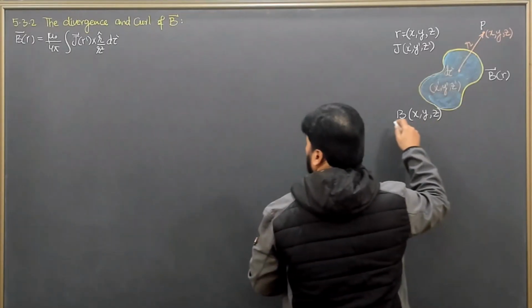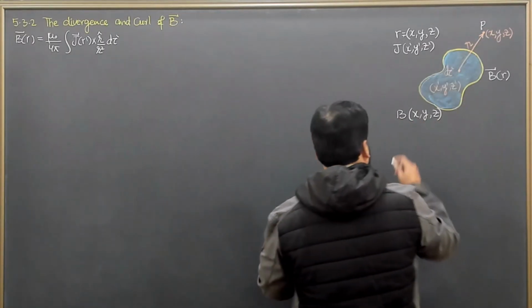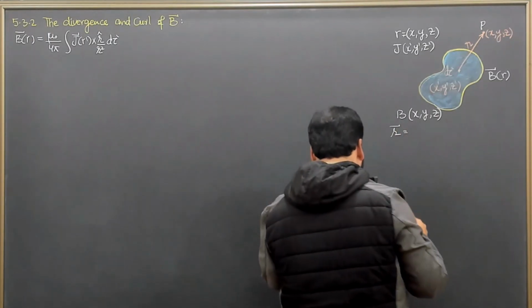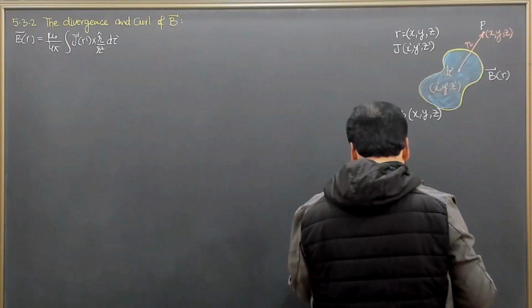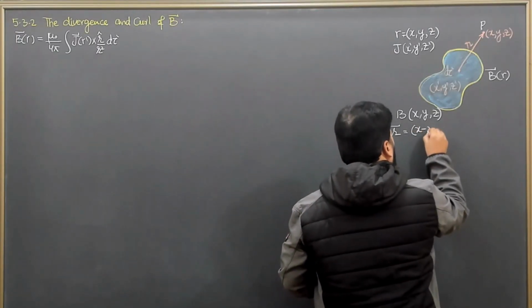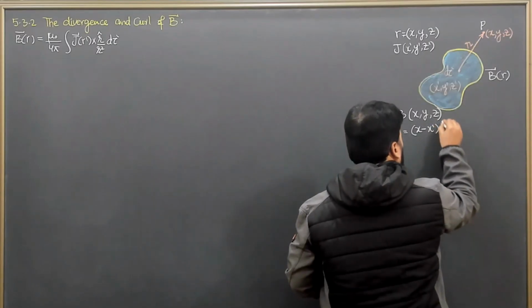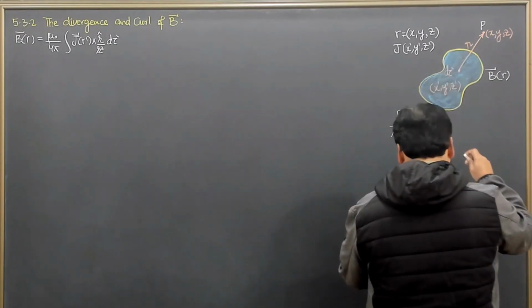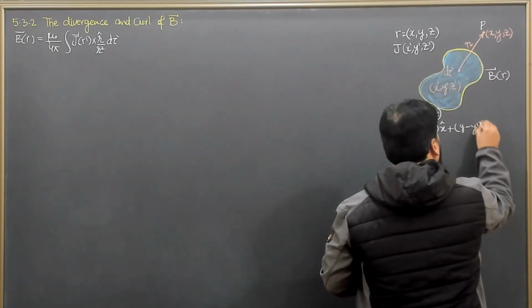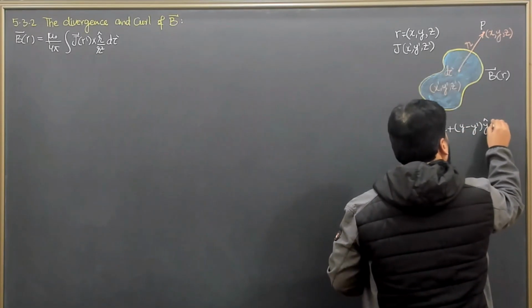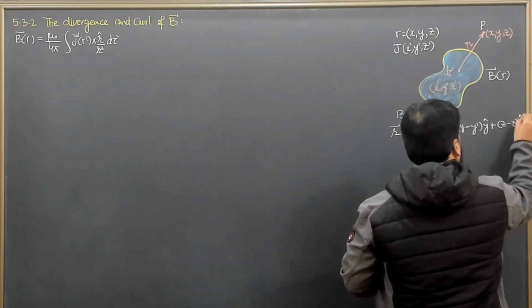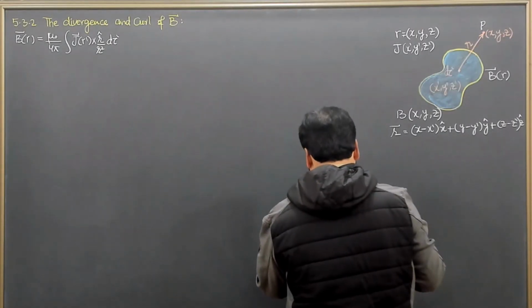If I want to write script r, then it is basically the combination of unprimed and primed coordinates: x minus x prime times the x unit vector, y minus y prime times the y unit vector, and z minus z prime times the z unit vector.